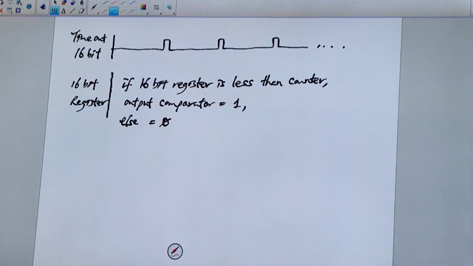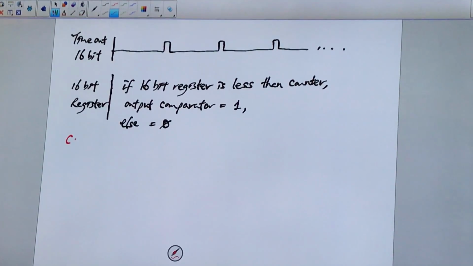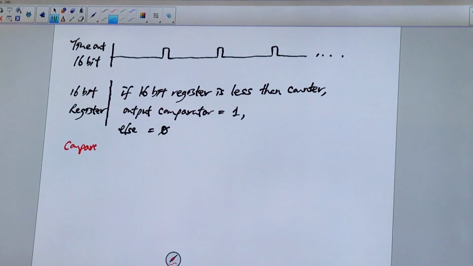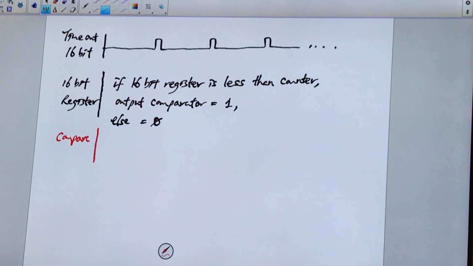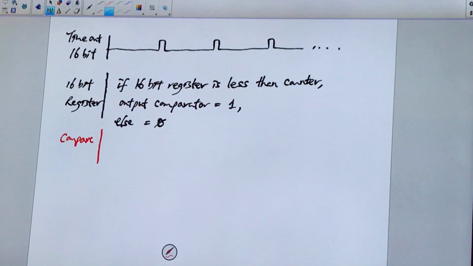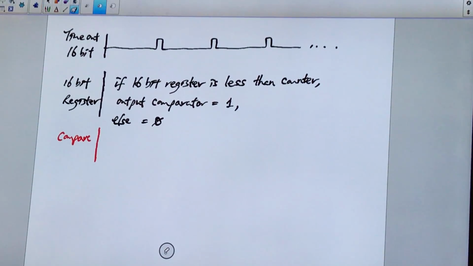Okay? Right. So what does it mean? So the comparison will give us this kind of behavior. Initially, the 16-bit register, I'm sorry, it's not less than, it's more than, or greater than.